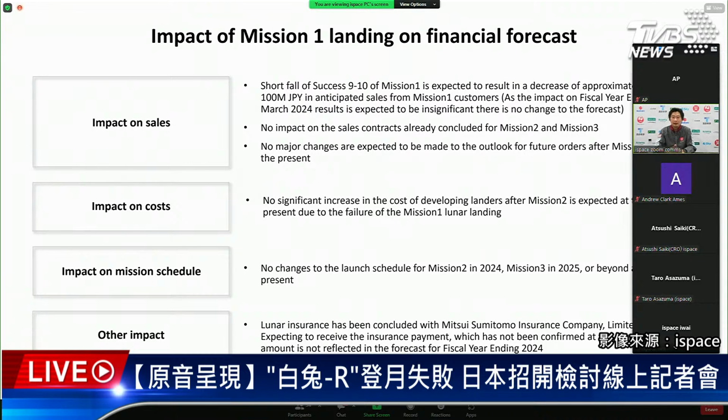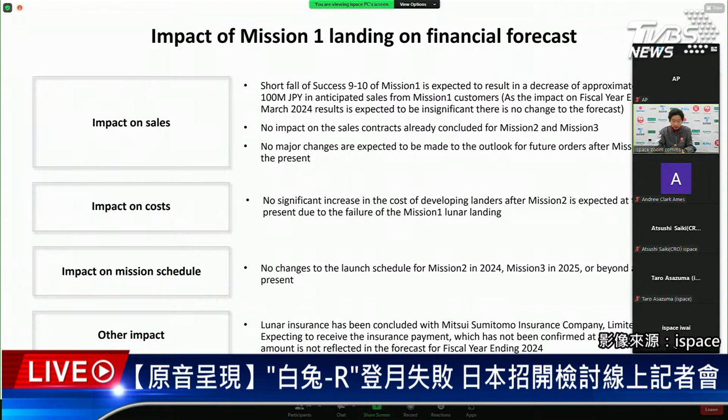First, the impact on sales. There is a small decrease in sales from Mission 1, about 100 million Japanese yen. However, this impact is not significant. So toward the results for the fiscal year ending March 24, we will have no change to the forecast.